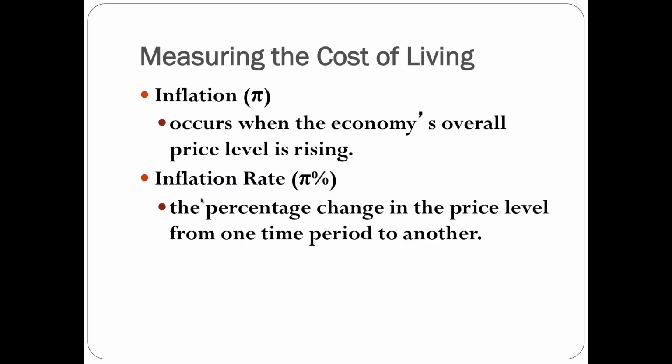Now there's two causes of inflation. You have demand pull inflation, where you have too much money chasing too few goods. Usually this comes from too much aggregate demand, where people are bidding up the prices of goods. You also have cost push inflation. This is when input costs go up for businesses, and so they push up their prices. So let's say the price of oil and gas goes up.